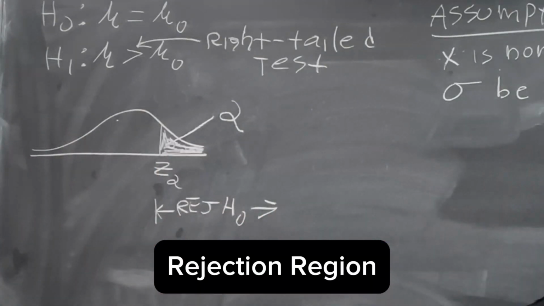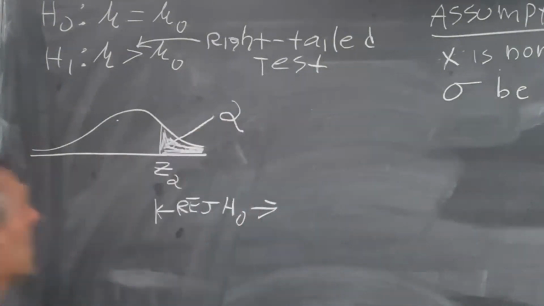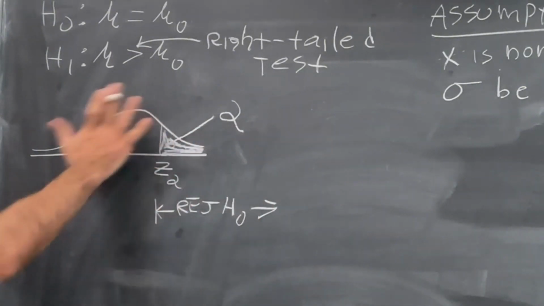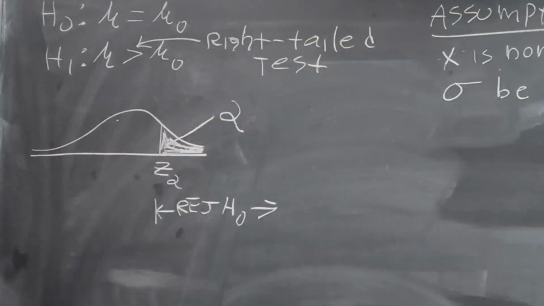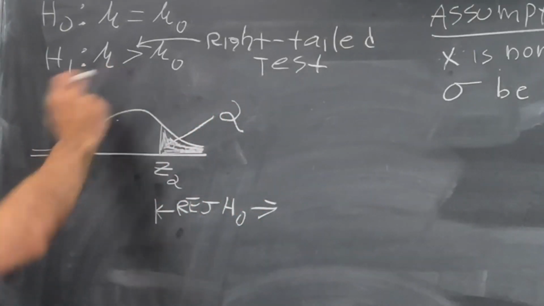And this is sometimes called the rejection region. Okay, so this is the geometrical way to conceptualize the right-tailed test.